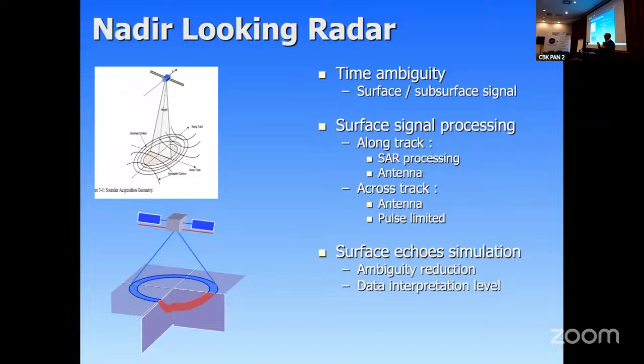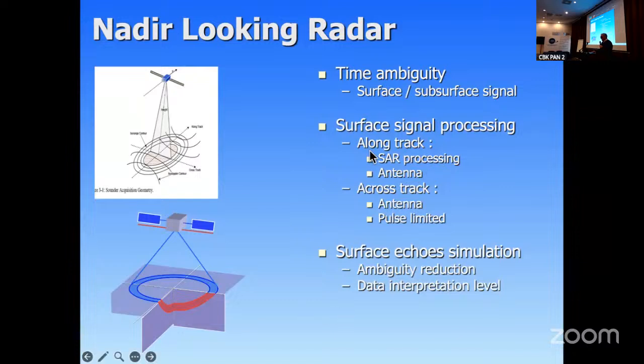So we have to find some way to discriminate this, because the signal coming from below the surface, the reflection from the subsurface, is perturbed by the surface reflection. And we have in some way to eliminate this.